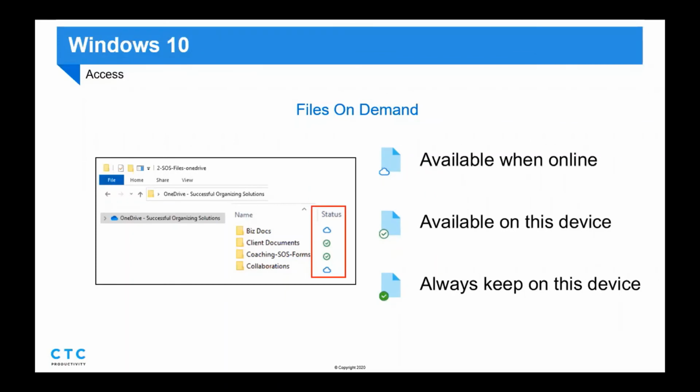So with the on-demand feature, once you have set up the synchronization between your files that live in the cloud storage and your device, whether it's your PC, your phone, your tablet, your Mac, your iPhone, you will see the whole file structure. Like if we look at this screen, there's 4 folders listed here: business documents, clients, coaching, and collaboration.